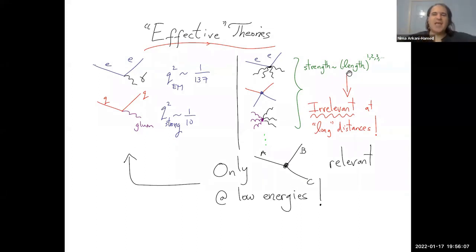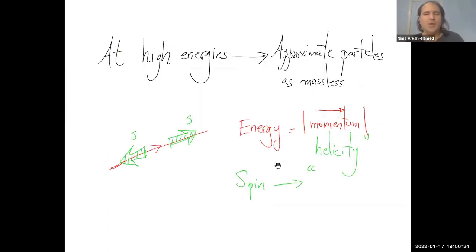And what that means is that as long as you go to distances that are long compared to that length scale, they will be irrelevant and tiny compared to the leading interactions you can have that are the very, very simplest ones. So that tells us that at low enough energies, only this basic ABC type interaction will be relevant. Okay, so that's the first thing.